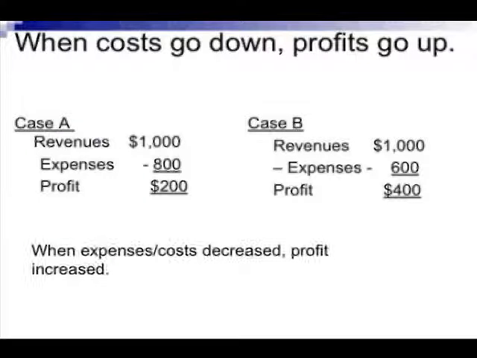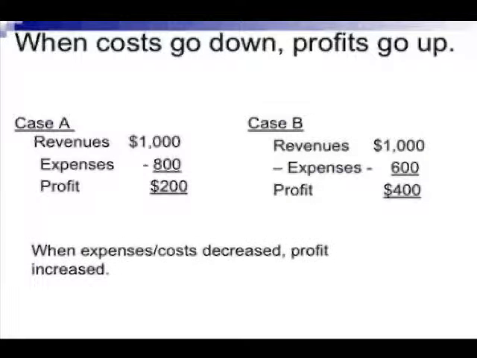Given case A, the revenues are $1,000. So the inflows from the sale of goods and services, $1,000. Expenses are $800, and that leaves us with profit of $200. Now what's going to happen is our expenses are going to decline. How might that occur? Well, it could be that we are able to get raw material in cheaper. It could be that fuel oil goes down, or just any energy source goes down in price, and that happens because energy prices fluctuate.